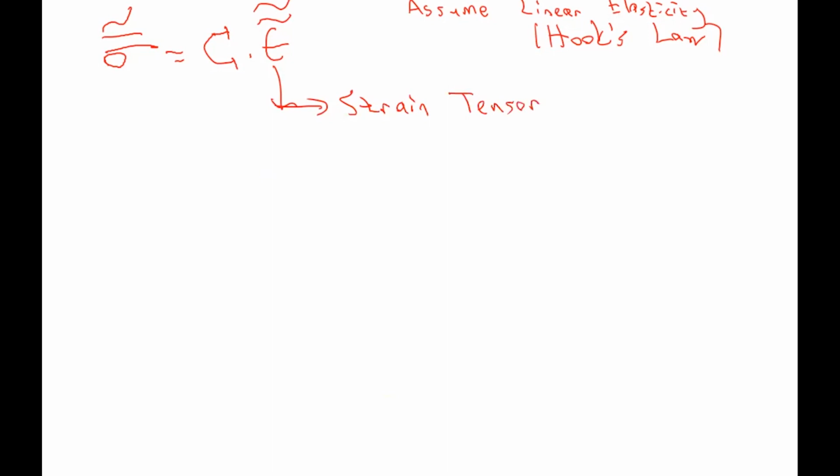So guys, the question is, which strain is this? Which strain is responsible for strengthening? Which strain do we use to calculate stress? Is it elastic strain or plastic strain? Which one creates the strengthening in the material? Plastic strain hocam. Result is suggesting plastic strain.